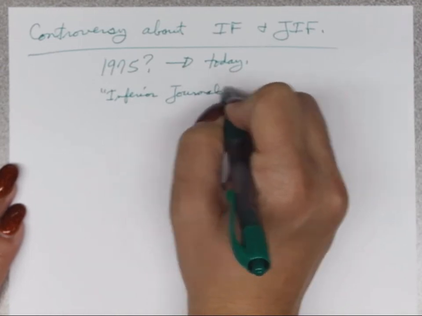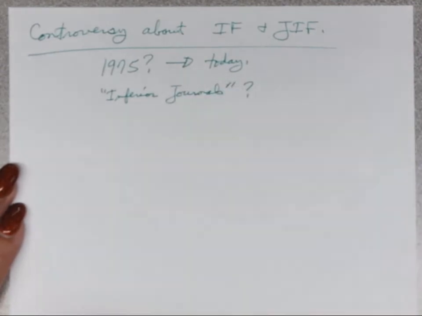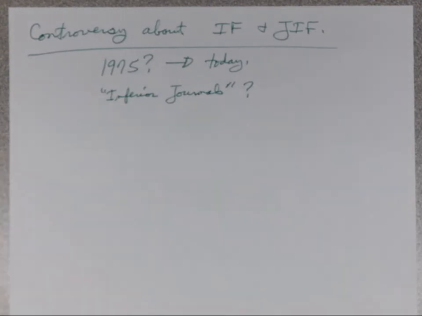Okay, now there's a lot of controversy about this because who says that's an inferior journal? Just because it's not cited as often. Maybe it's a more unique journal, or maybe it's got a certain area that it's looking at, but it doesn't mean that it's not as important or that it's inferior.